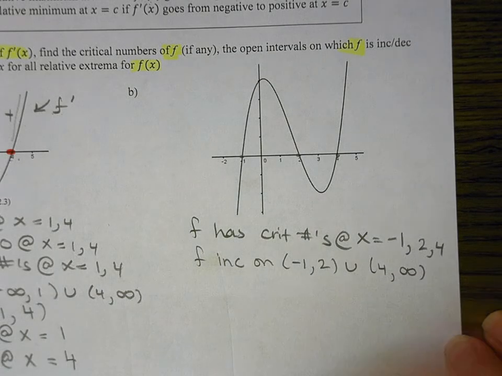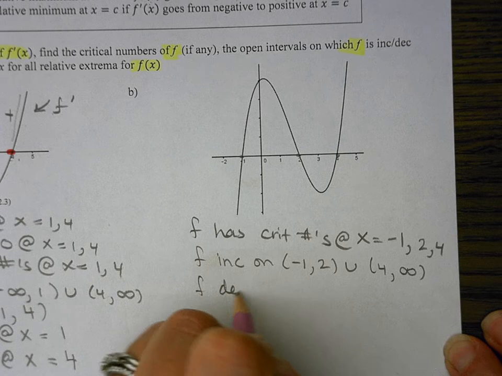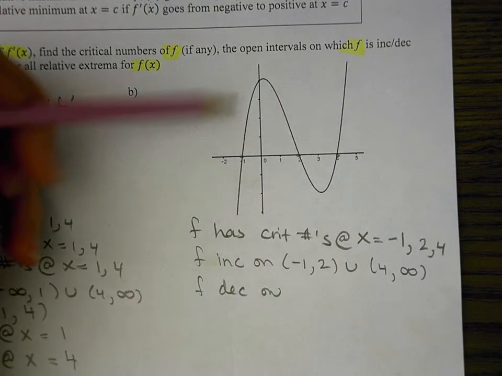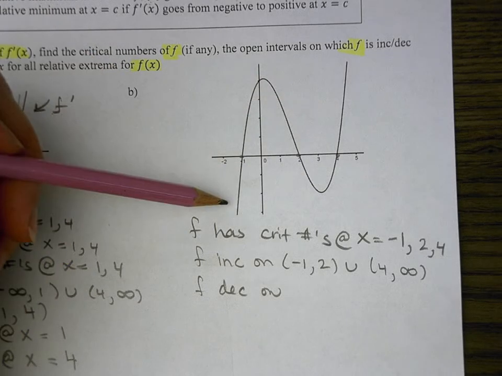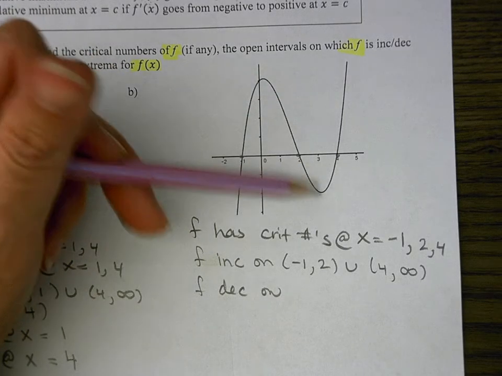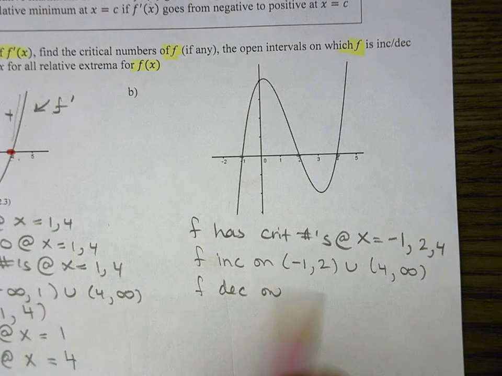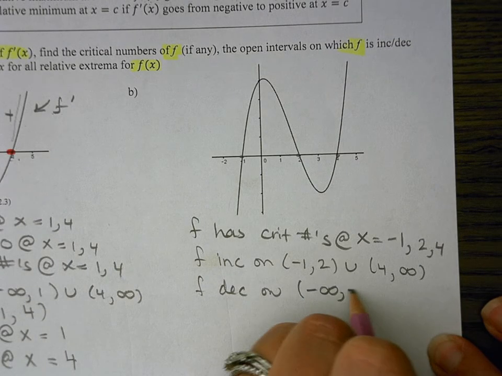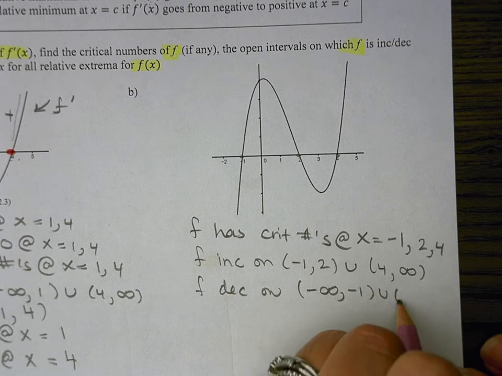Whereas f is decreasing wherever the graph of f prime is negative, below the x-axis, so that would be here and here, from negative infinity to negative 1, and then again from 2 to 4.